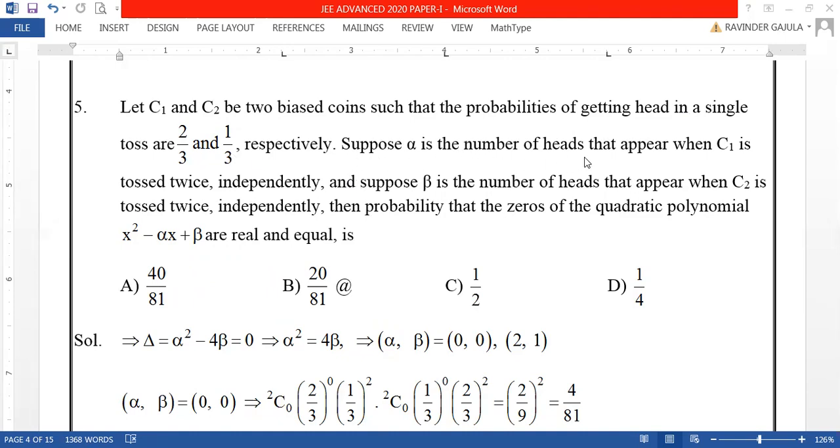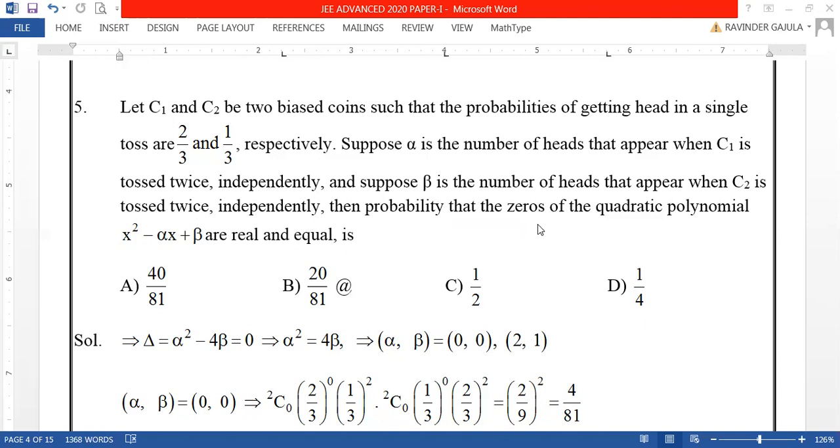Suppose alpha is the number of heads that appear when C1 is tossed twice independently, and suppose beta is the number of heads that appear when C2 is tossed twice independently.